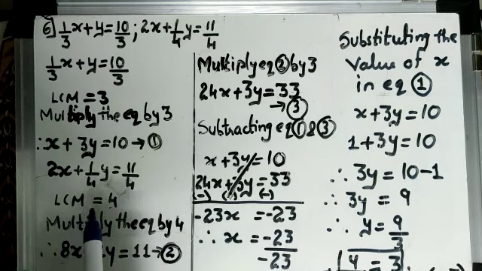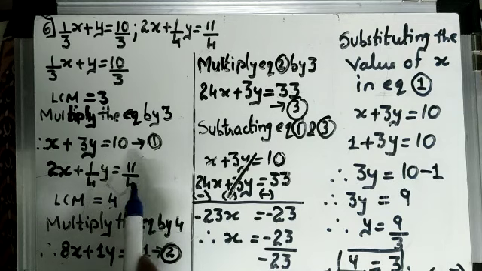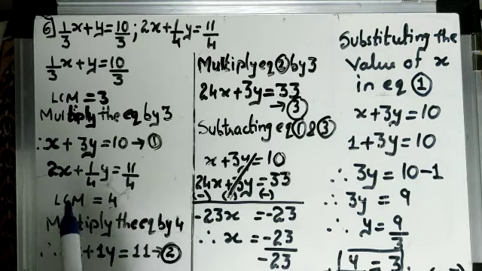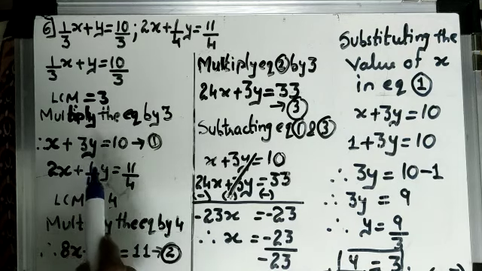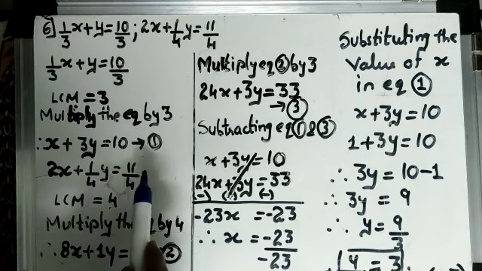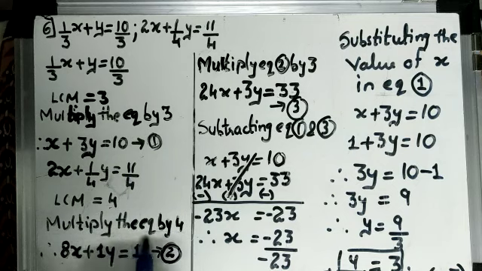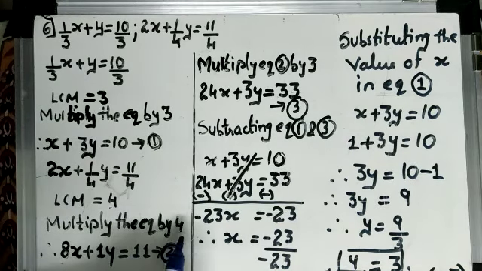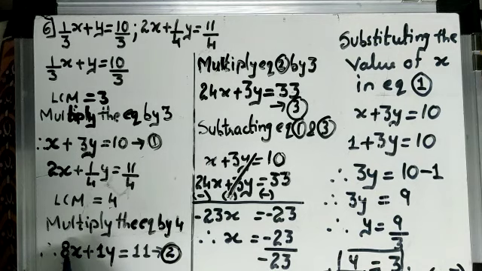So I am going to multiply this equation by 4. So 2x multiplied by 4, 1 upon 4 y multiplied by 4, 11 upon 4 multiplied by 4. Multiply the equation by 4, and you will get 8x plus 1y is equal to 11. That is my equation number 2.